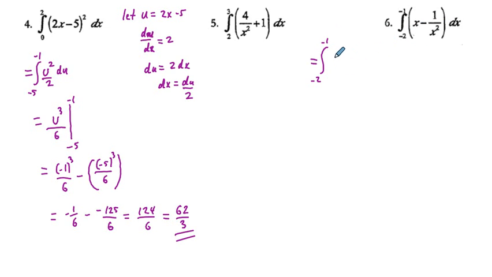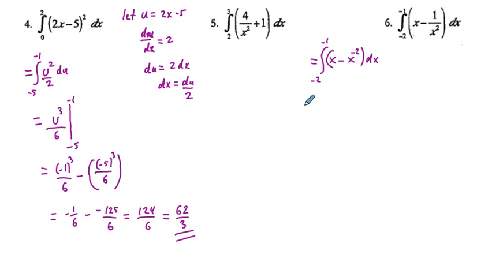And so we're going to have x definitely, and this 1 over x squared is going to be x to the negative 2 power, and then dx. And so now we're ready to integrate here.